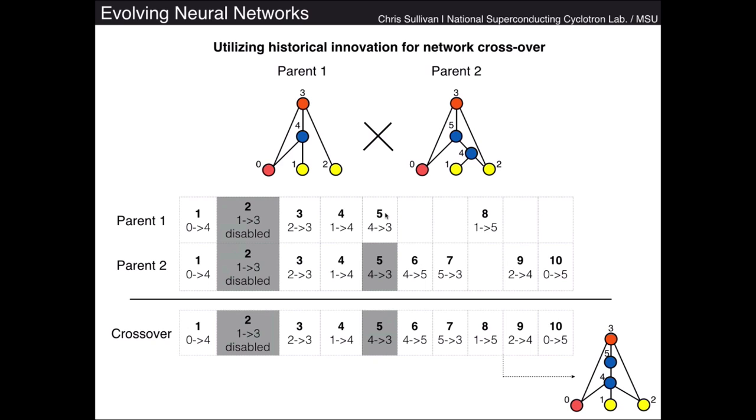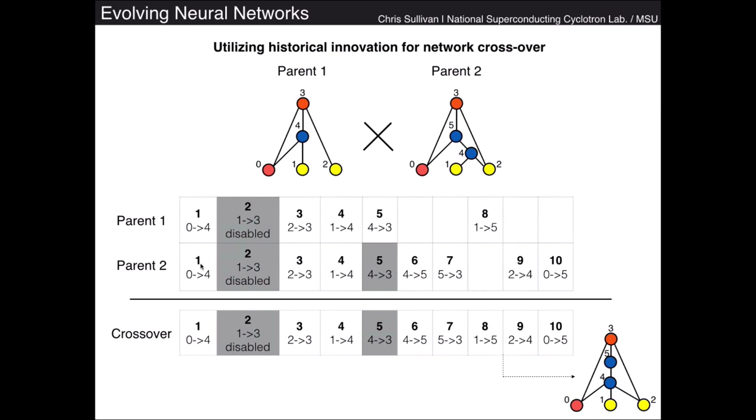By using these historical markers, we're able to make a good comparison between one network and the next. If a certain structure has developed in a network over a period of generations to solve some specific problem, like the example before, the if statement of some kind, we can now compare the genes of the other parent and their historical evolution, or the generations in which each of these connections came about.